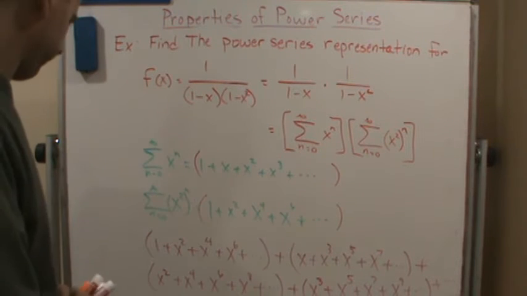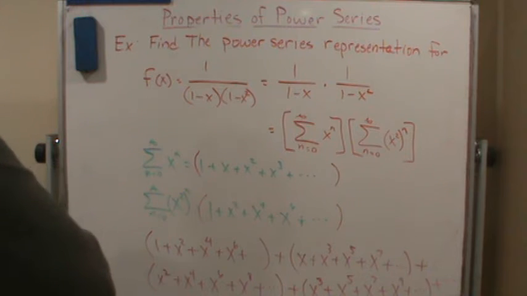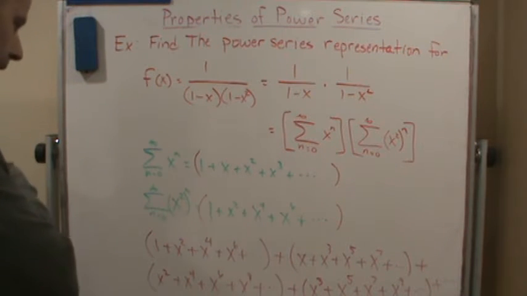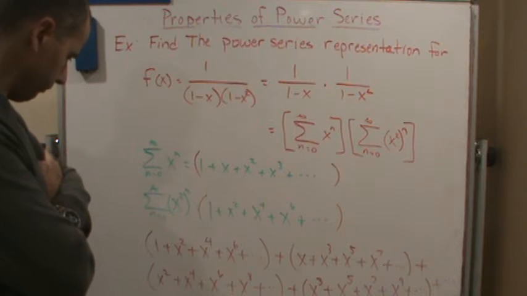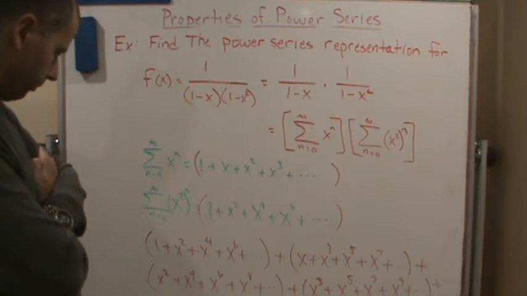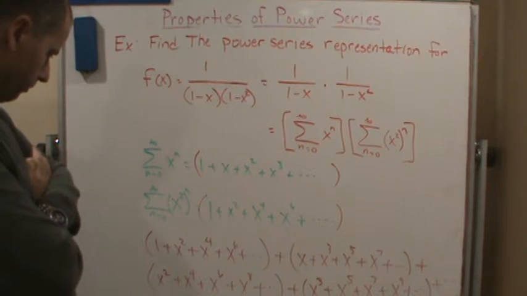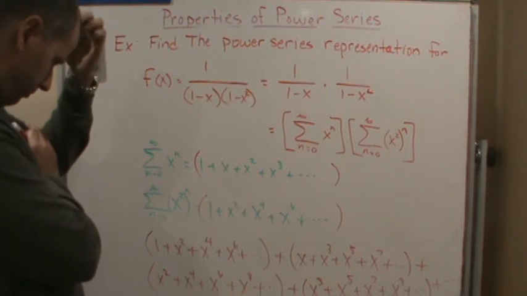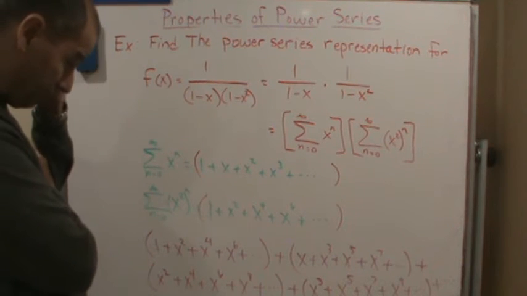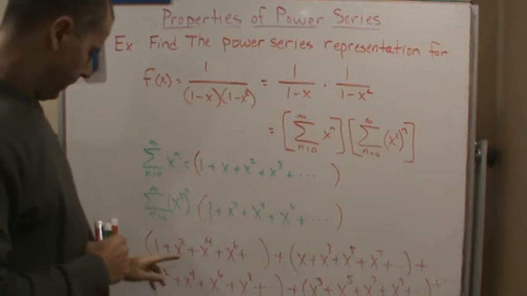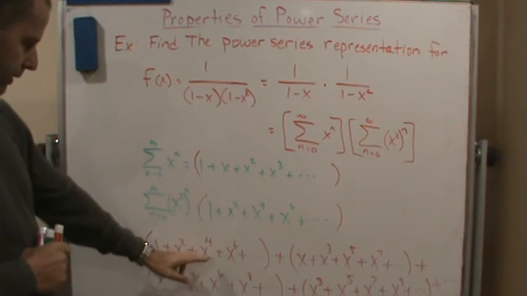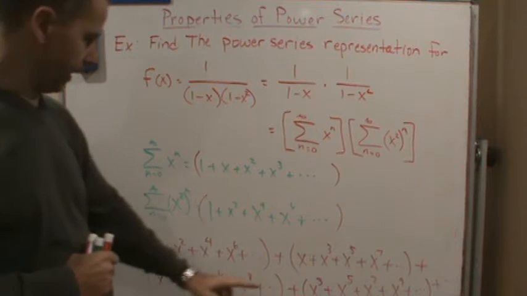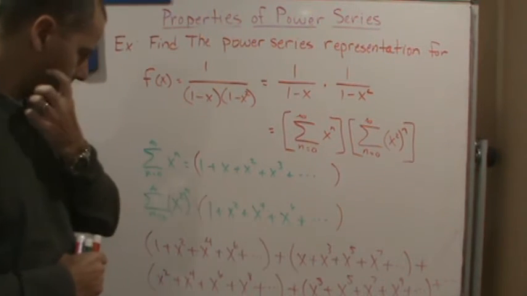Here we've got 1 plus x squared plus x to the 4th, and then here we've got x.